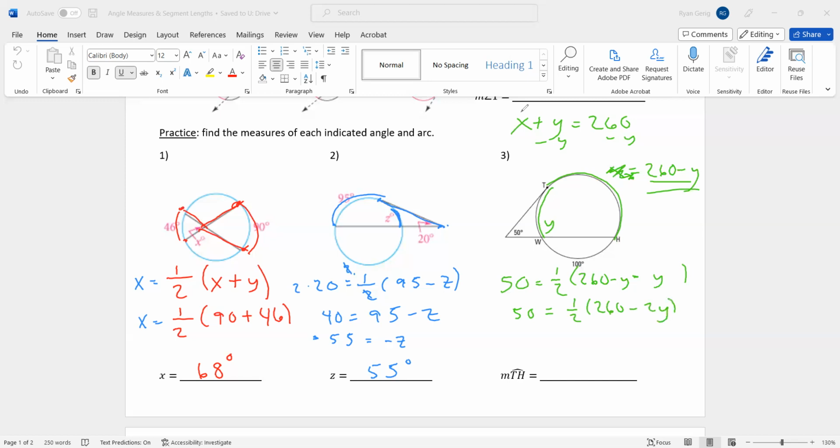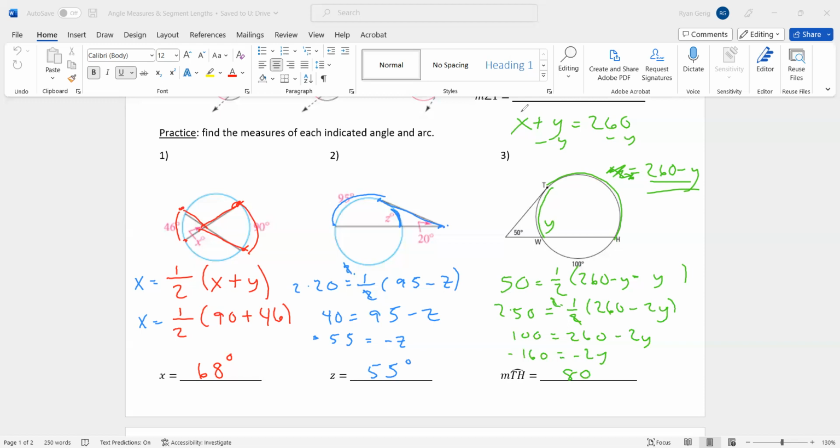The Y's don't cancel there. They combine to make negative 2Y. Now we've got a very similar situation to what we had in number 2. I'm going to multiply by 2. I get 100 equals 260 minus 2Y. Subtract 260, I get negative 160 equals negative 2Y. Divide by 2, I get 80 for Y.